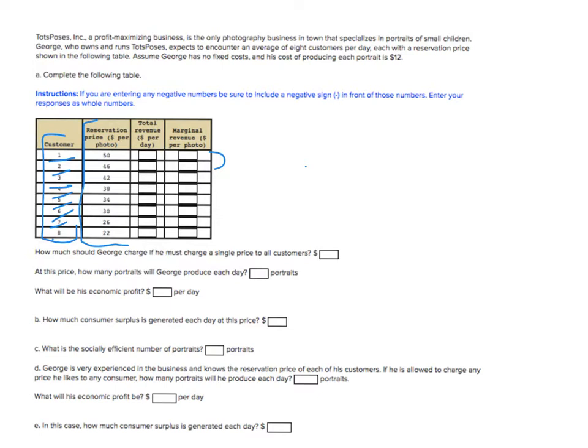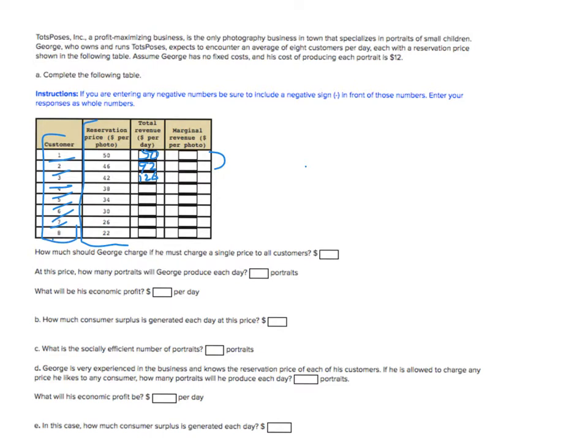So let's just proceed. 1 times 50. Remember, total revenue is price times quantity. So $50 price, 1 customer, 1 times 50 is 50. 2 times 46 is 92. 3 times 42 is 126. My bad handwriting squeezed into these tiny boxes is not optimal.